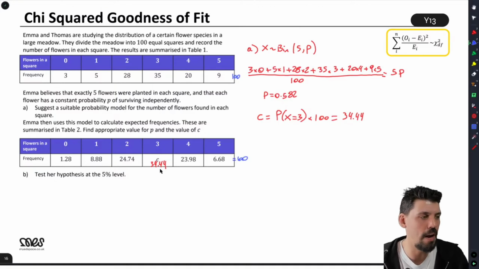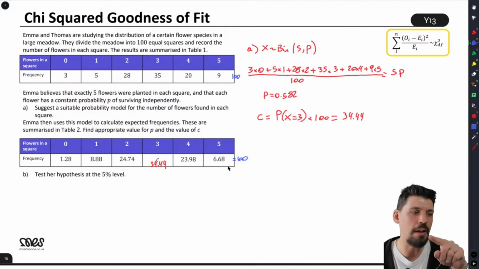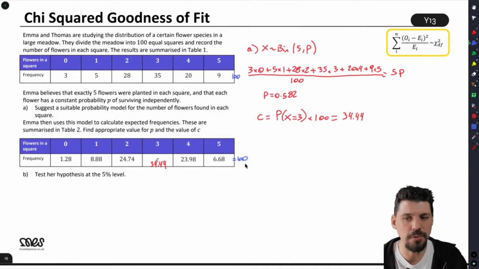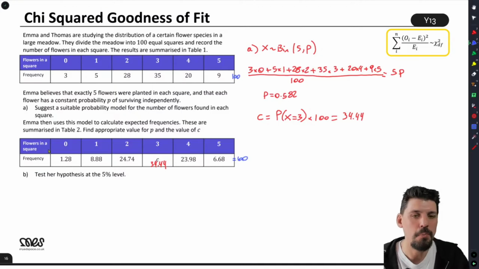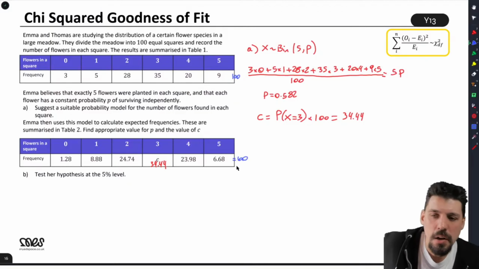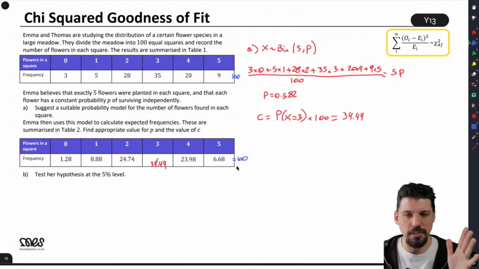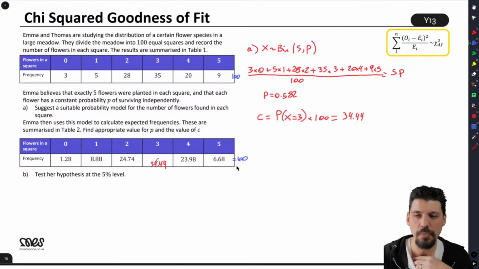These numbers are all rounded. What you hope is that some of them get rounded up, some get rounded down, and those roundings cancel out. The exact values for these frequencies will add up to 100, but once you've rounded them, you might come out as 100.1, 100.2, or 99.9. Don't stress about that too much.